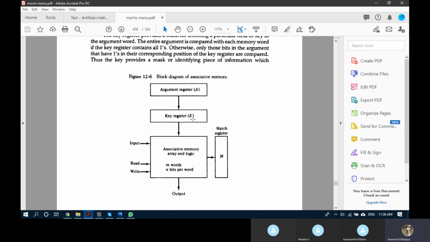If the key register contains all ones, essentially that means you are searching for all the bits present in the argument register, which is matched with all the words at the same time.